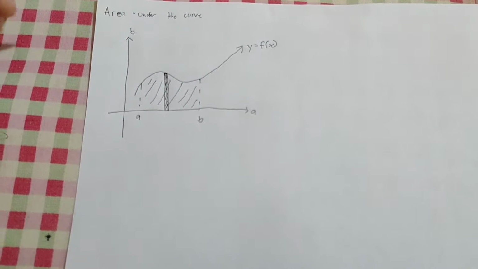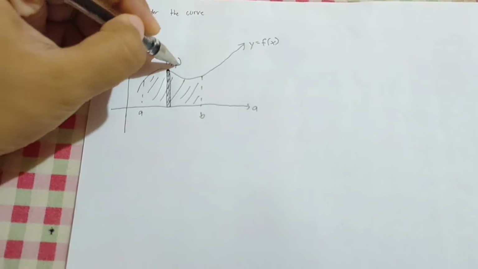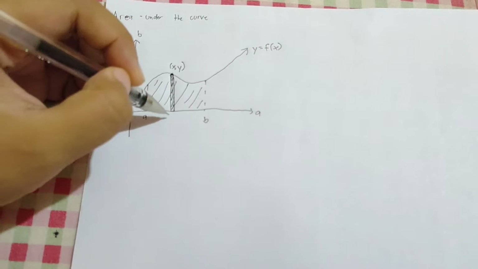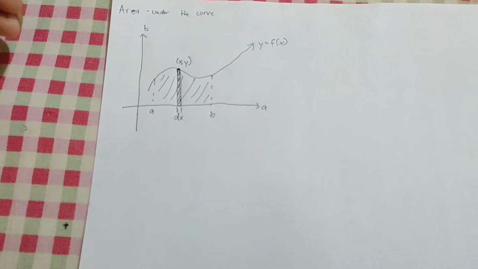So let's label this. In this point, this will be our x and y. And then the thickness of this strip will be our dx.